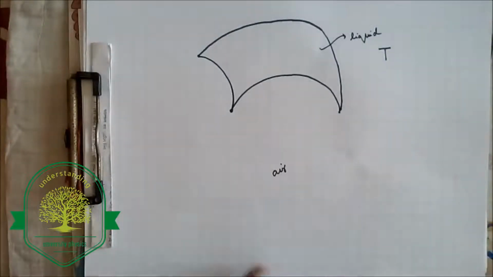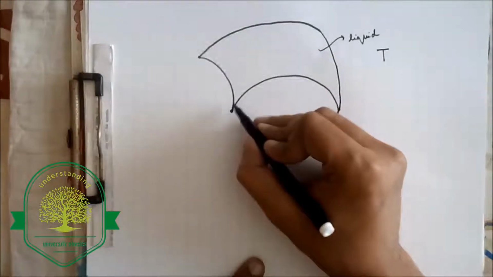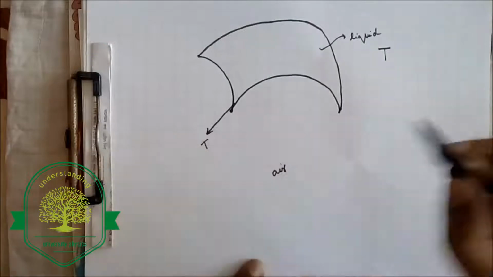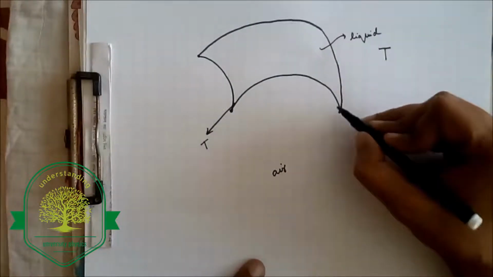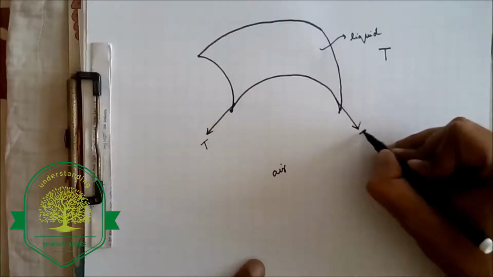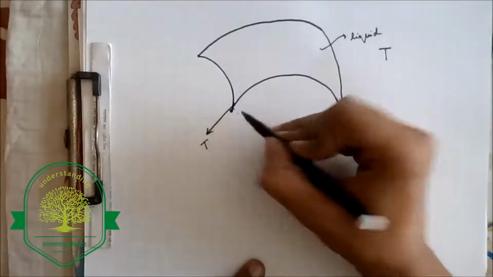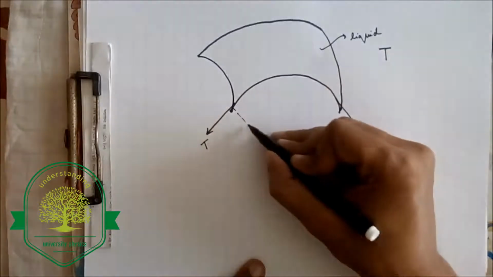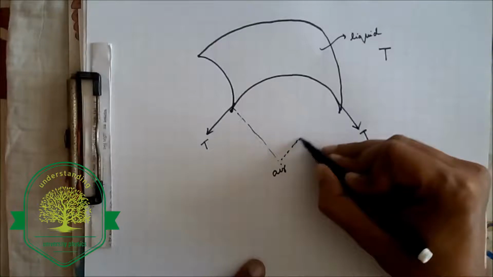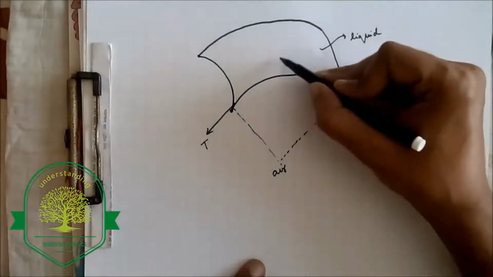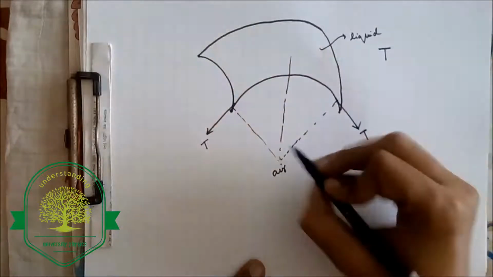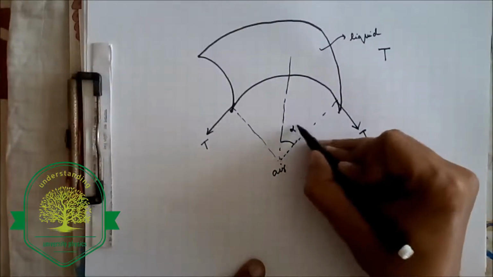So let me first draw a T force here, T again being the force per unit length, and a T force here. And the angle subtended by this side at the center, let's call that alpha. So half of that angle will be alpha over 2. So let this angle be alpha over 2.